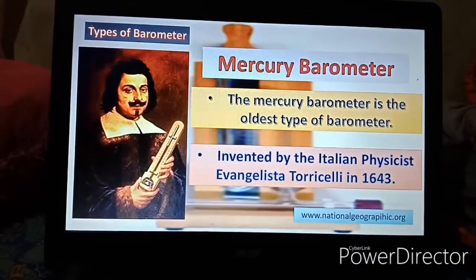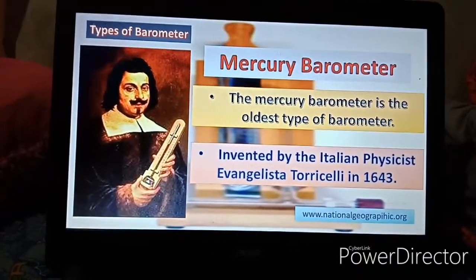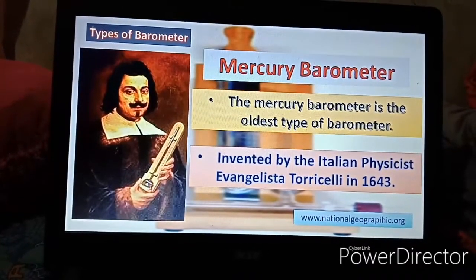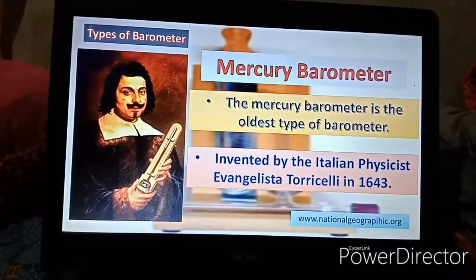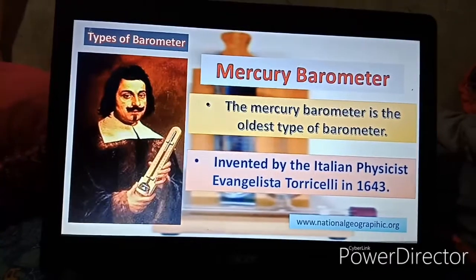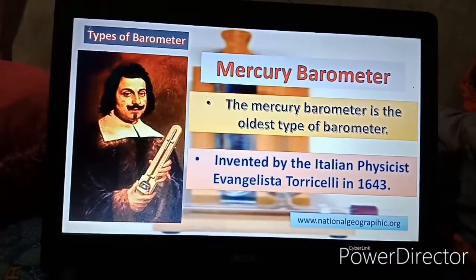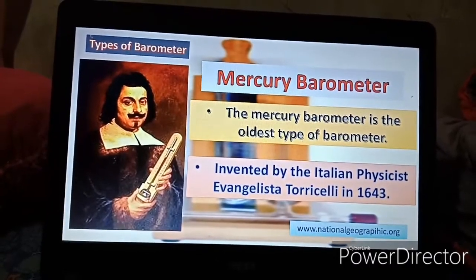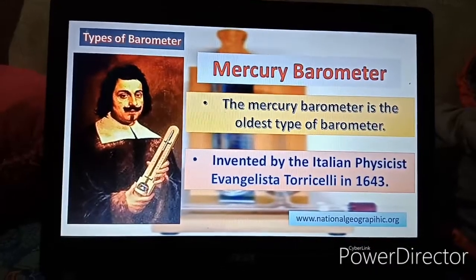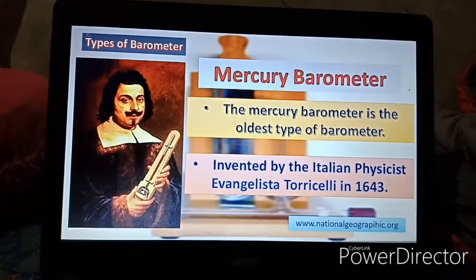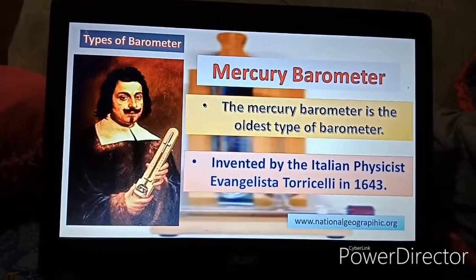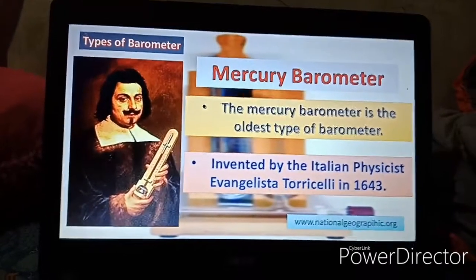a very sensitive issue. Because of that incident, and also because he wanted to keep it secret, he reduced the size of his barometer, and instead of using water, he used mercury, which weighs 14 times more than water.